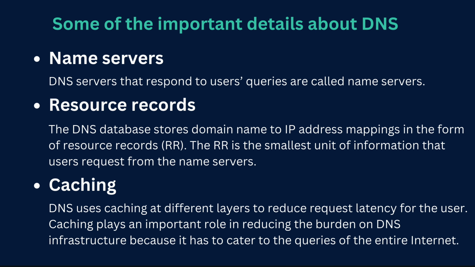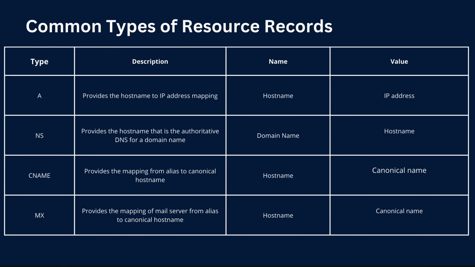So we are talking about resource records now. The DNS database stores domain name to IP address mapping in the form of resource records, right? See here, there are different types of resource records: A record, NS, CNAME, MX. An A record provides hostname to IP address mapping.